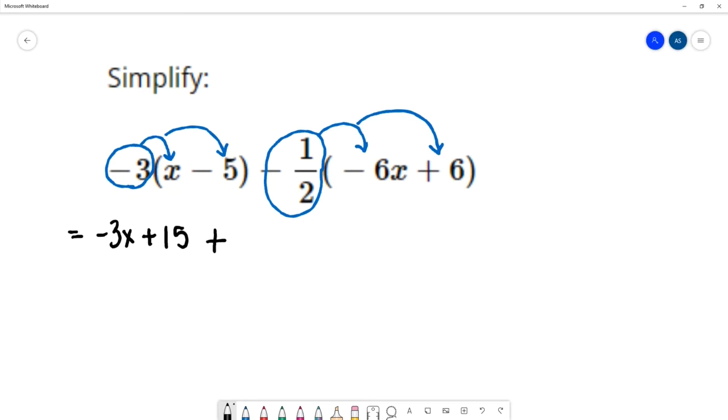And we can multiply 1/2 times 6x, treating that as 6x over 1. That will simplify to be 6x over 2, which is 3x. I'm going to carry down all the other work.